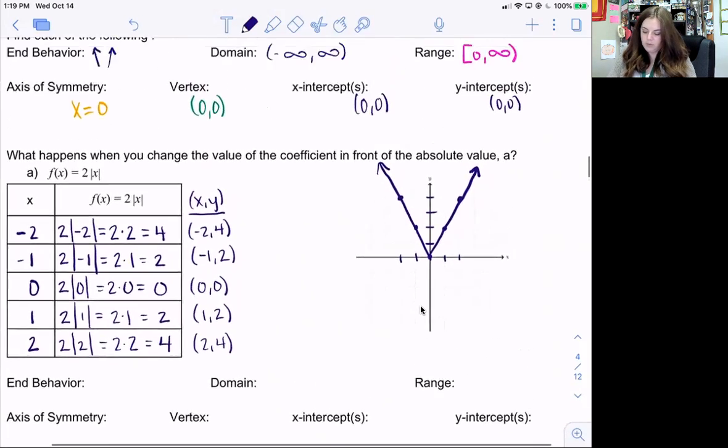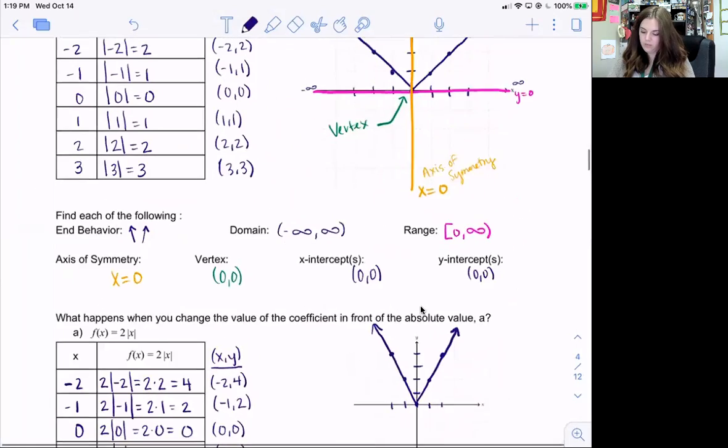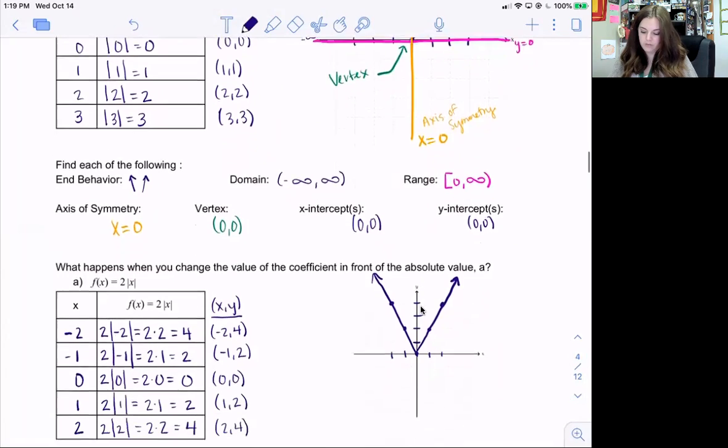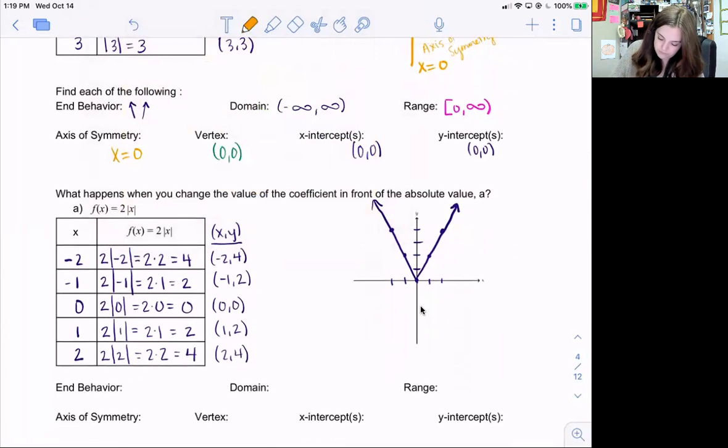And I'm going to try to get both of these in together. Okay, so look at what happened to our graph. It got a little bit taller. This is called a stretch. It's a vertical stretch of 2.